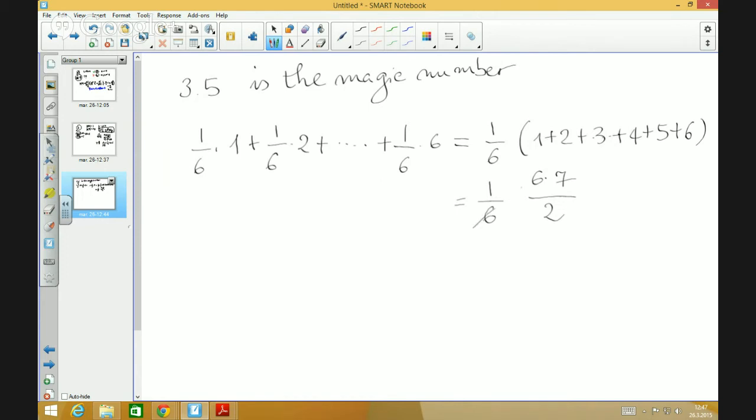It's 6 times 7 in this case. The 6's above and below the fraction cancel each other out. So we have 7/2, which happens to be the magic number 3.5, which is not magic. It's just that mentioning the word magic makes it more interesting somehow.